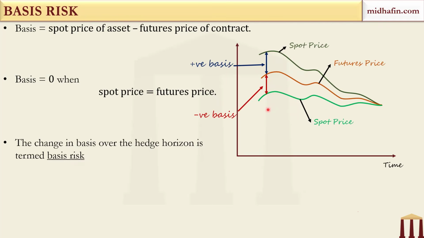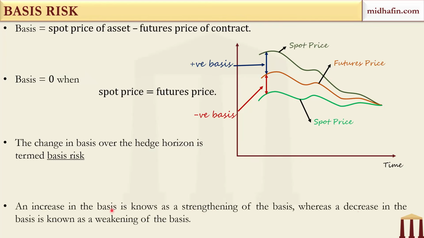Now, as the expiration comes nearby, all these prices converge. So the spot price converges to the futures price, irrespective of whether it was greater or less than the futures price to start with. An increase in basis is known as strengthening of the basis, and a decrease in the basis is known as weakening of the basis.